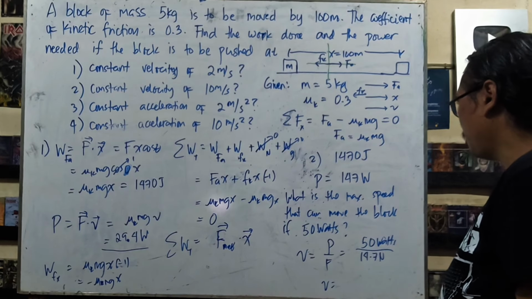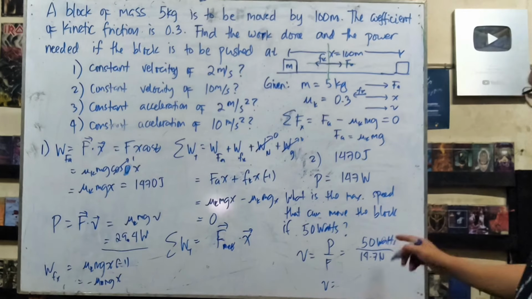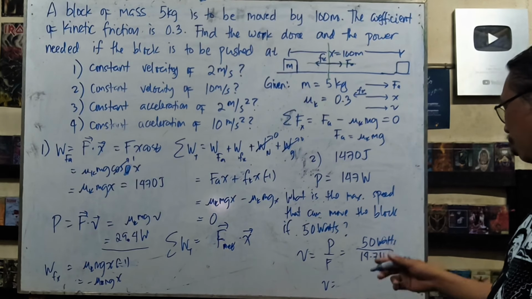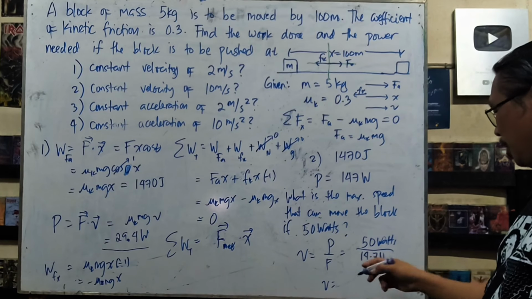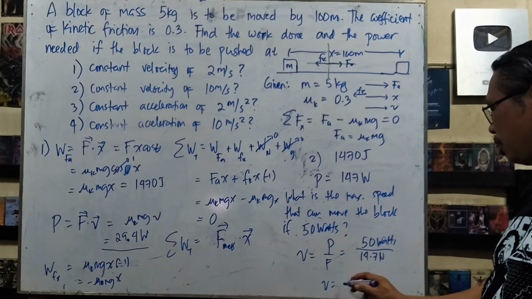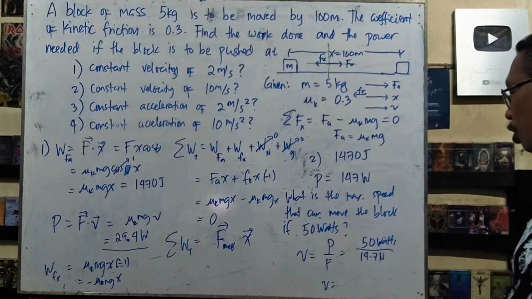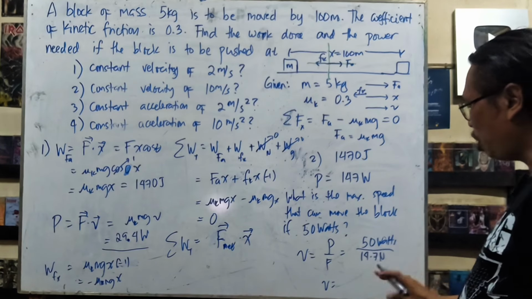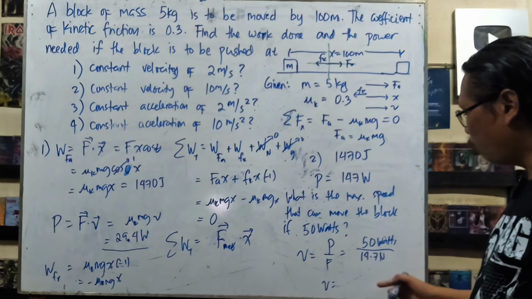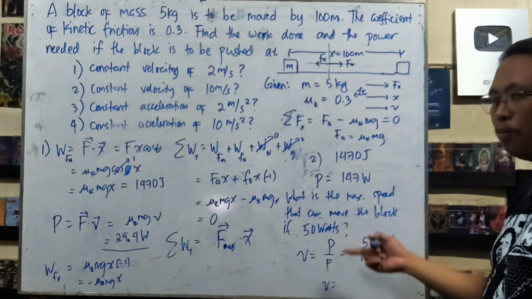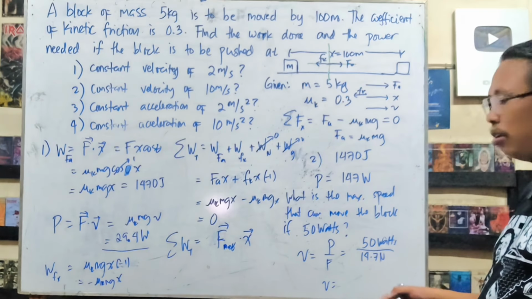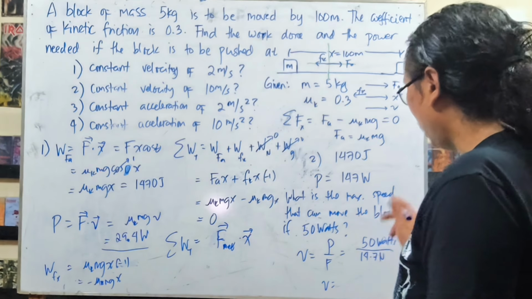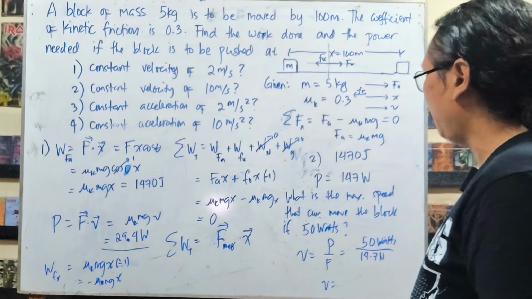So this is in meters per second. It's more than 3 meters per second, less than 4, close to 3. So this is the maximum velocity if you have a 50 watts battery.